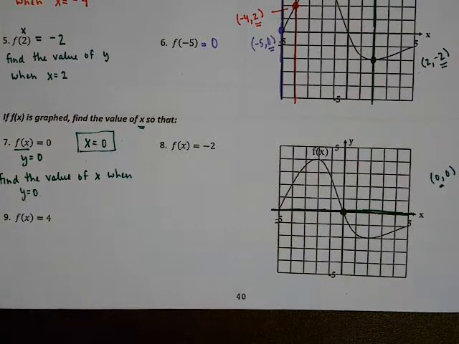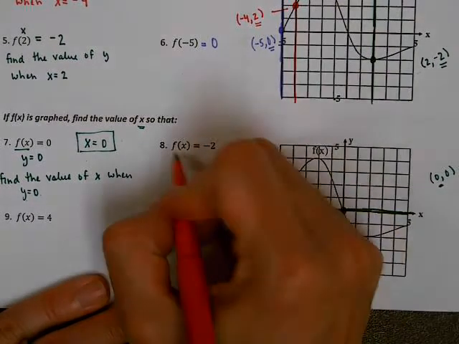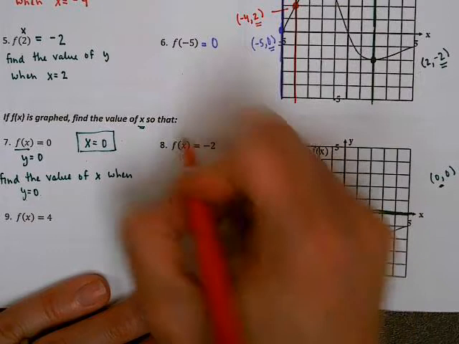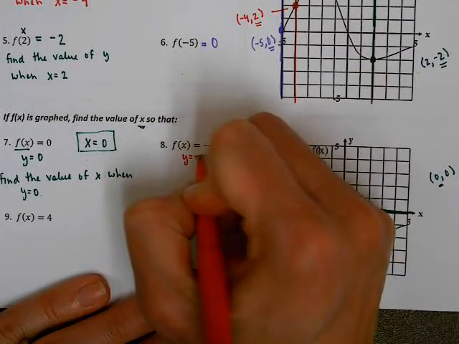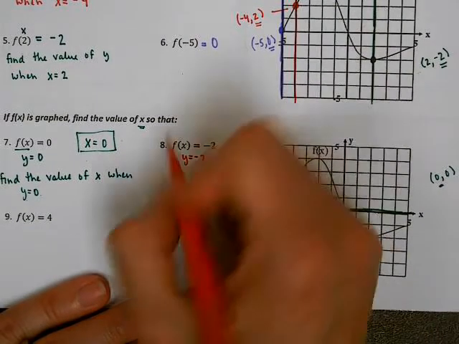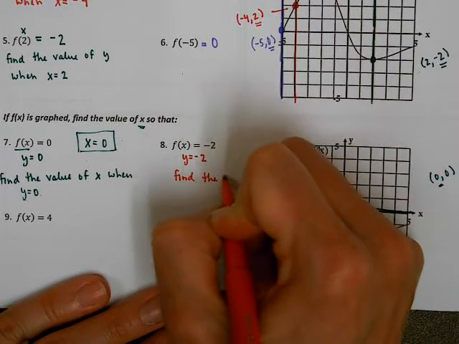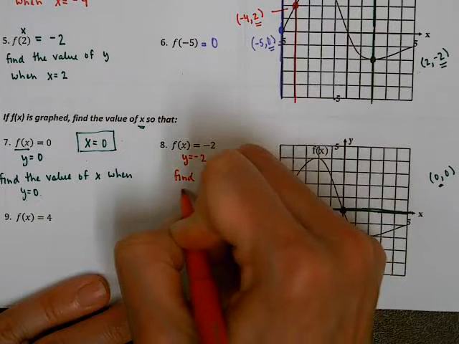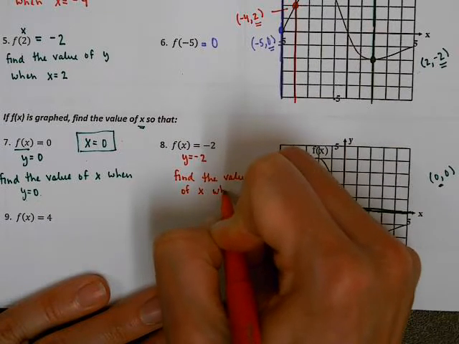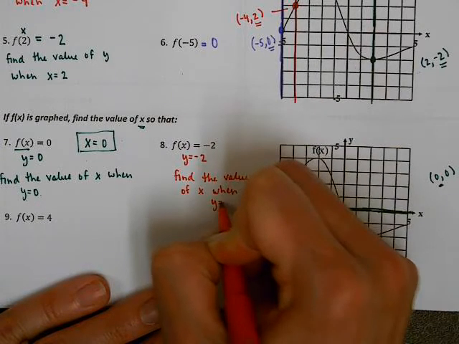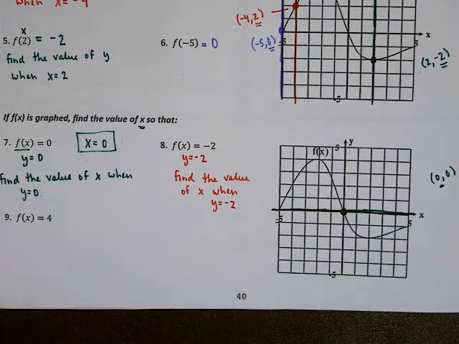Let's try another one. Here, they're telling me that f of x is -2, so I know y equals -2. So again, I'm trying to find the value of x when y is equal to -2. So let's see, y equals -2.